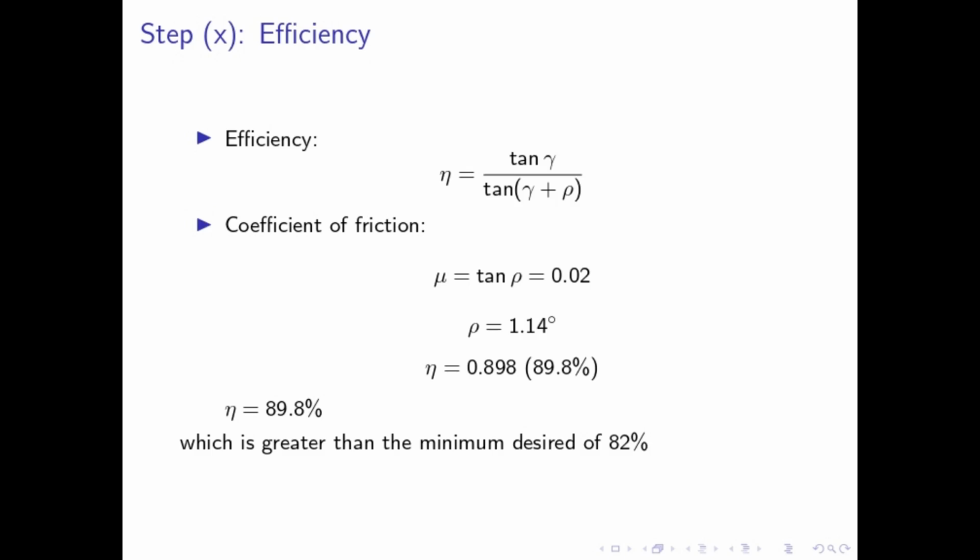For phosphor bronze and corresponding to the sliding velocity, we have to trace the curve, and for the sliding velocity of 8.48 meter per second, mu value can be obtained as around 0.02. Mu equal to tan rho equal to tan 0.02, so rho equal to 1.14.